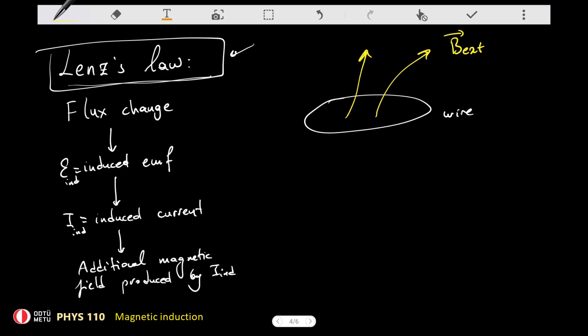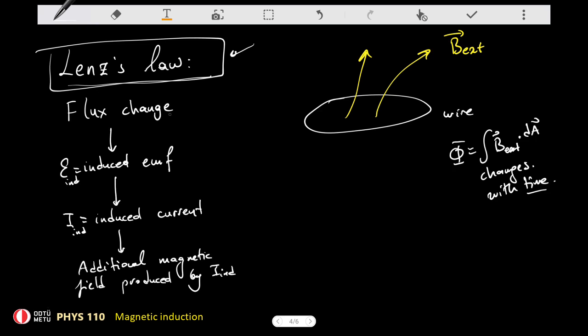It is possible that that external magnetic field is changing, or this wire is moving, whatever. I don't know what it is, but the flux due to that external magnetic field is changing. This changes with time, of course.